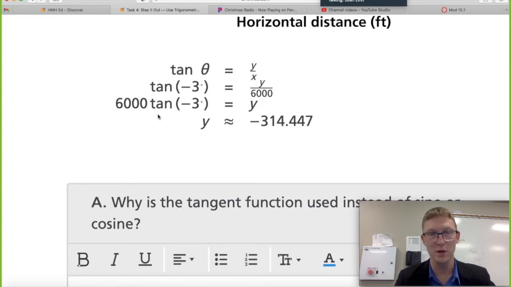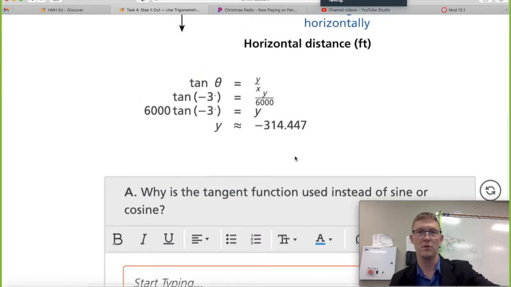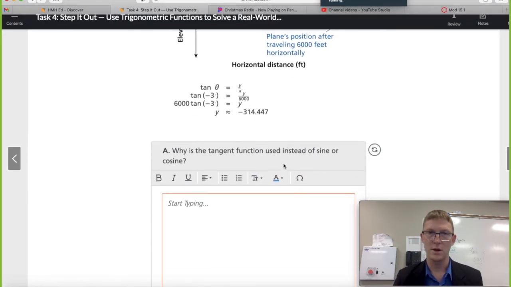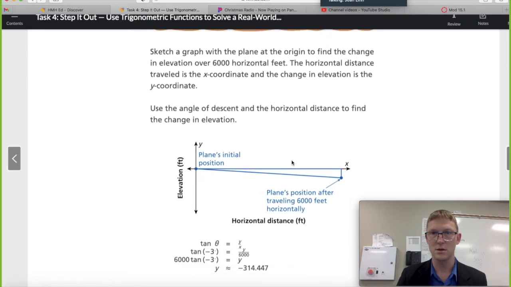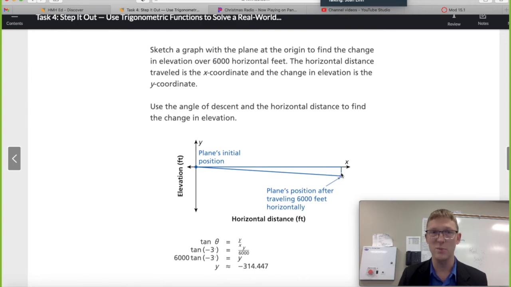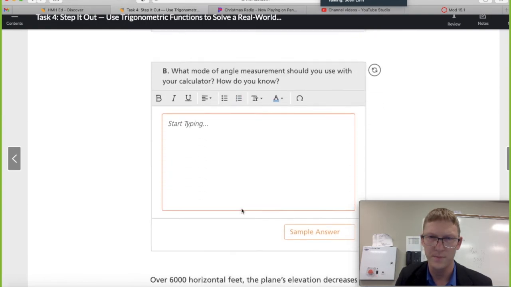But when you plug this into your calculator, you're going to get y equals this number, and then you round it. And so that means that's our y value here. So that's the plane's elevation, or the change in elevation as it's moving forward.